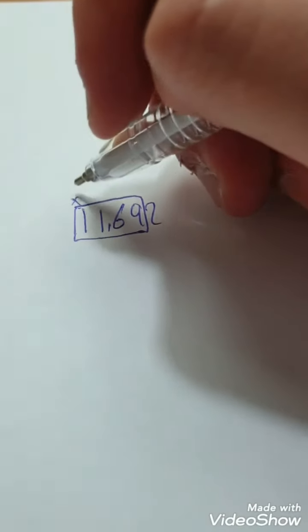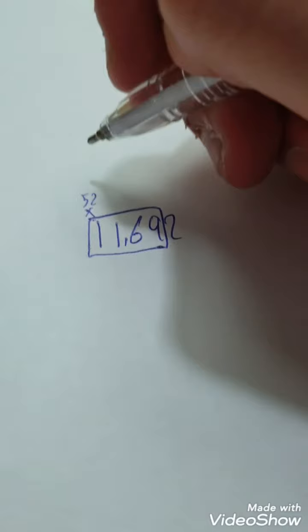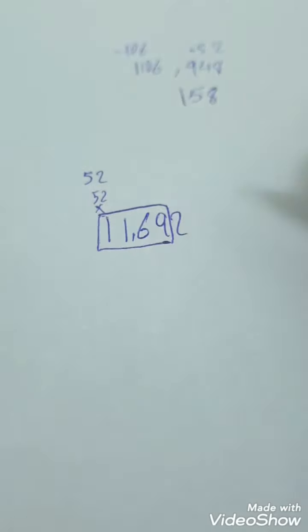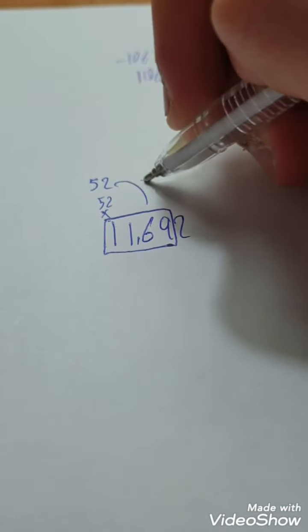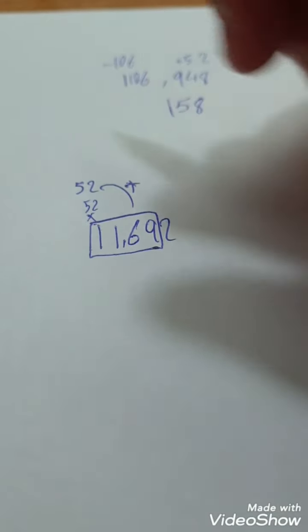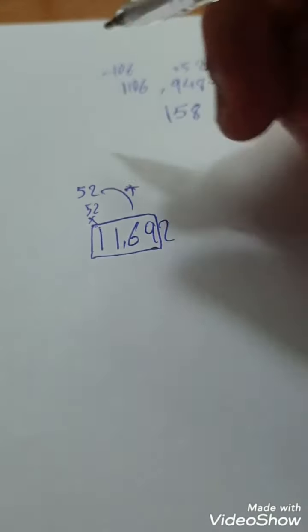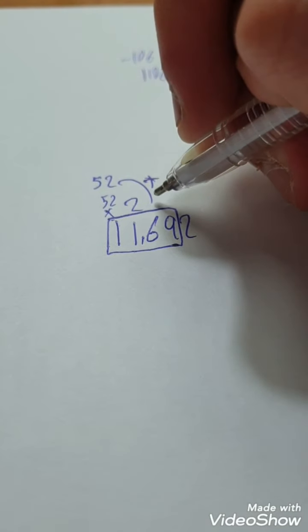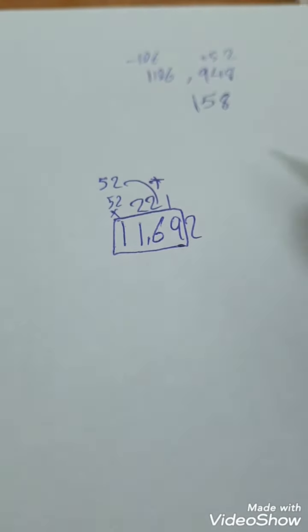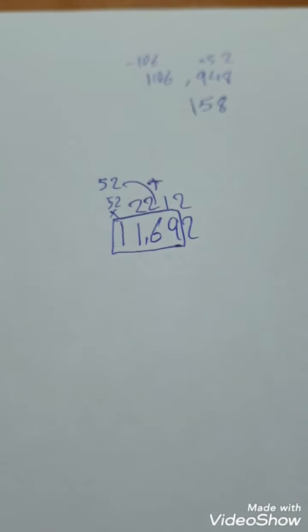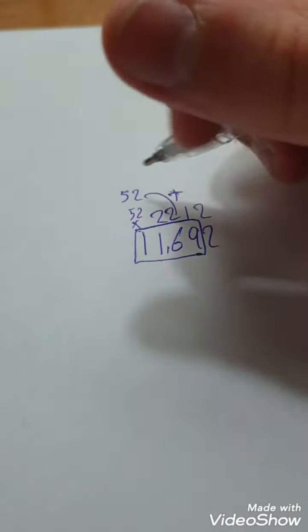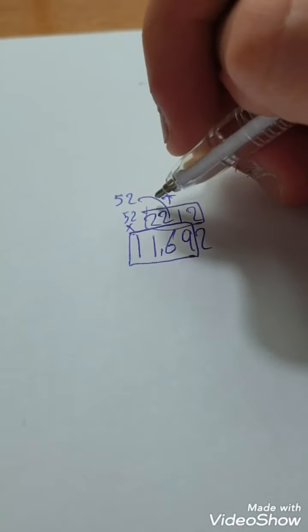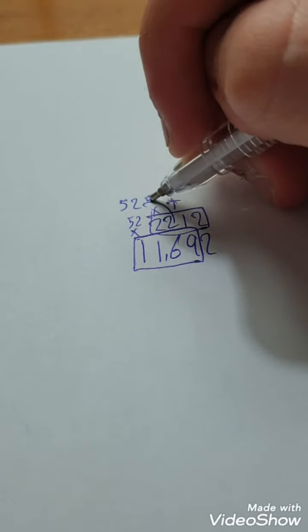So here we will multiply the 1 by 52. This will give us 52. We will add it to the 169. So this will give us 221, and we will put the 2 up. So we will do the same, multiply this 2 by 52 and add it.